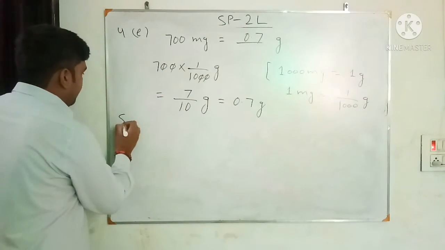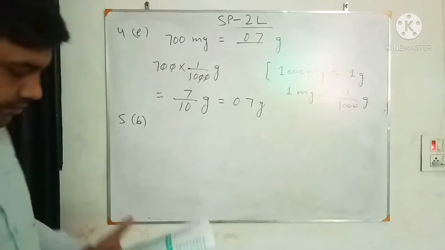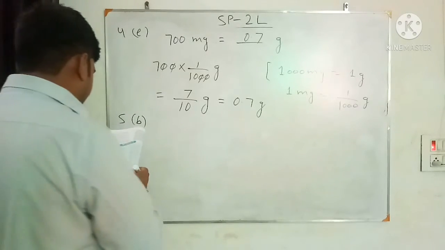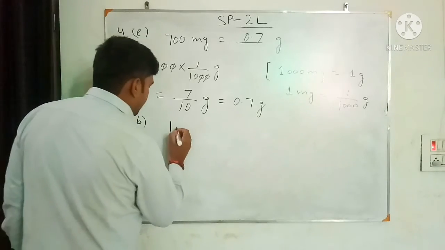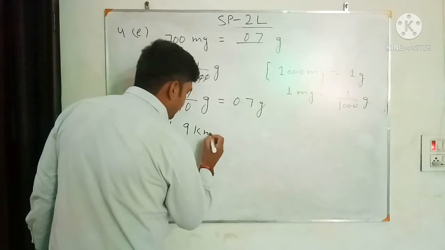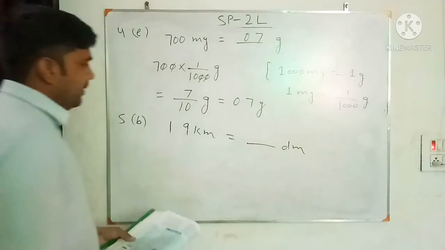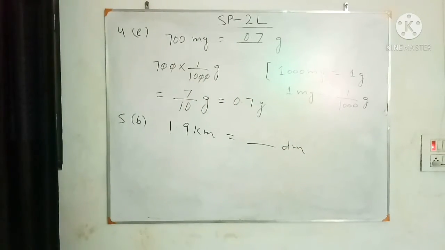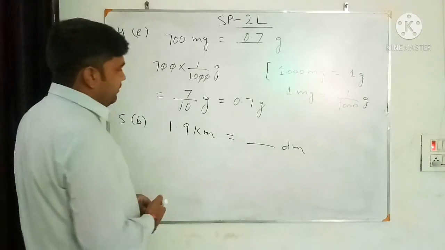Now we move to question number 5b. 1.9 kilometer into decimeter. See, the factor will be 10,000.